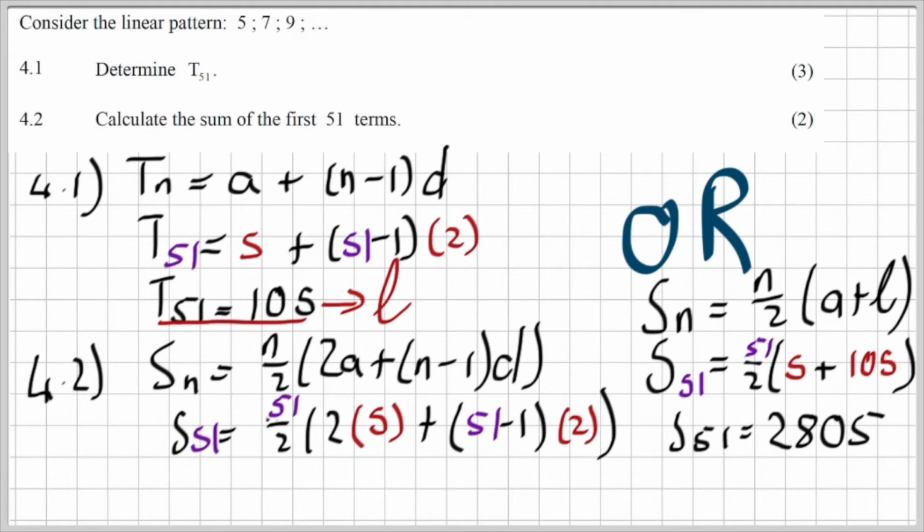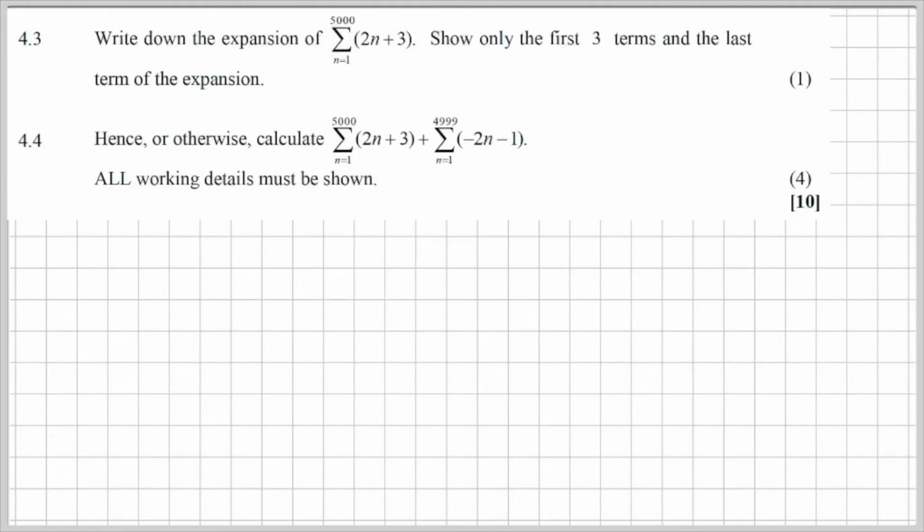Let's look at the next question, question 4.3. This is now where it becomes not so lekker for my students. I don't really understand why. See, sigma, my students hate it. But sigma just means sum of.